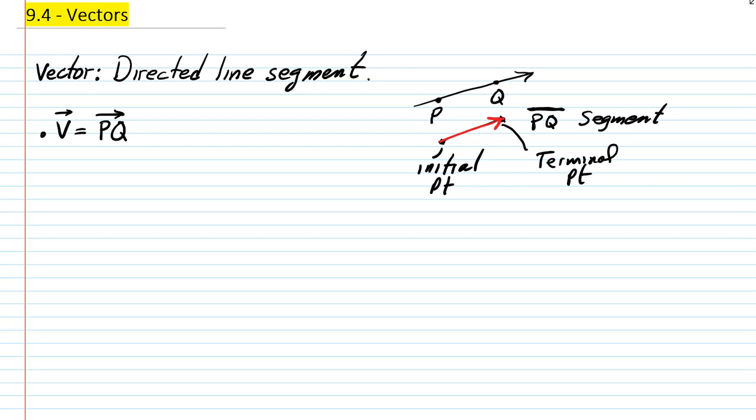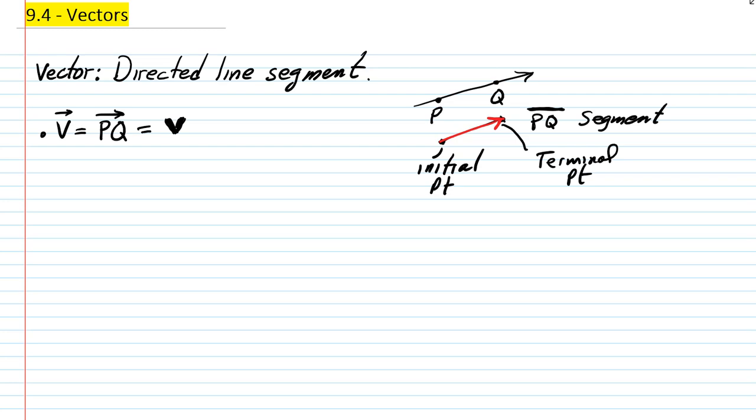A lot of textbooks use boldface, so they can also write it this way, with boldface V. For me, it's going to be difficult to boldface everything as I go, so I'm just going to opt for that first notation. I'm going to use the name of the vector, A, B, C, D, whatever it is, in this case V, and an arrow above that.